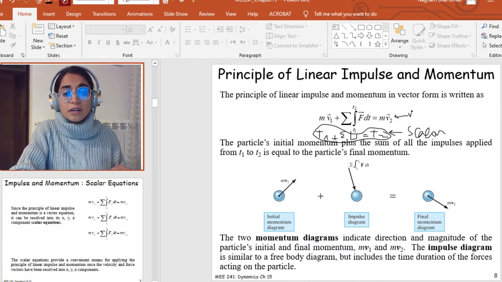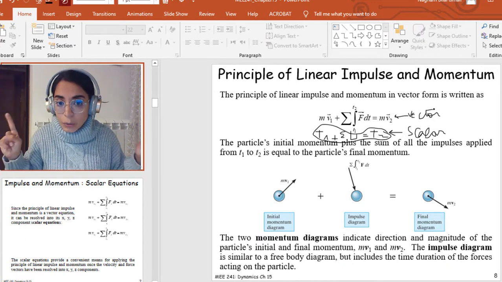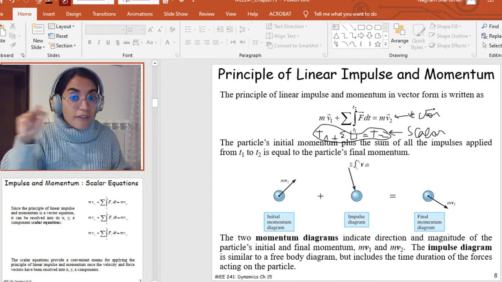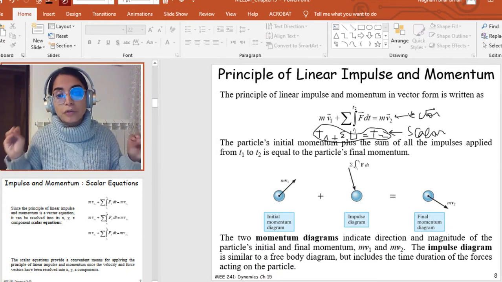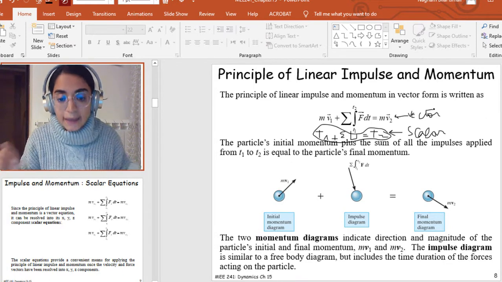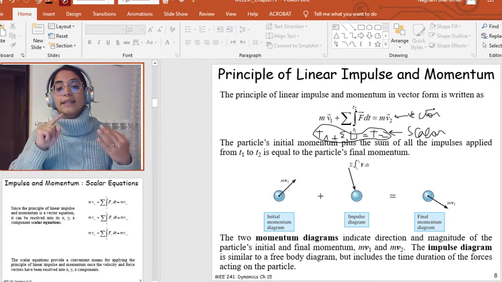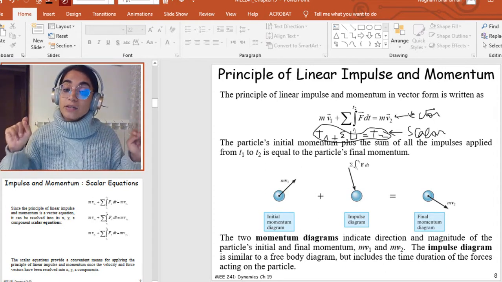So don't forget, guys, that the principle of linear impulse and momentum is a vector equation: mv1 in vector form plus the sum of the integration of F in vector form dt is equal to mv2, which means the initial momentum plus the impulse is equal to the final momentum. And this is also in vector form.